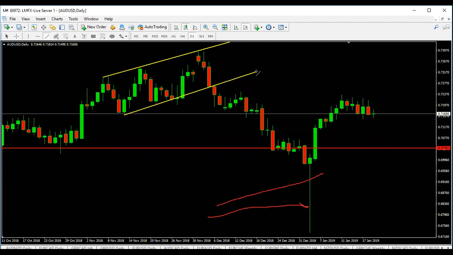Let me ask you guys, is this a valid lower trend line? Is this trend line going right here, is it valid? Yes, Raphael. No, Kimberly. Yes, Joseph.